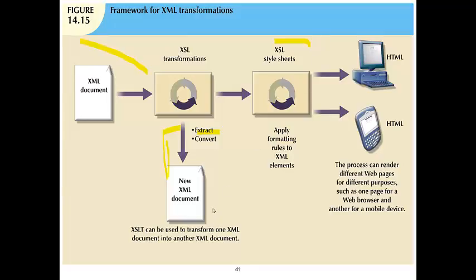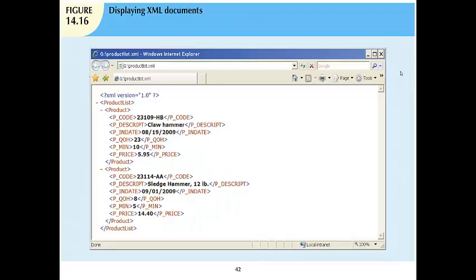The transformation provides you with the data file to then display, and it can be displayed either in HTML or on a mobile device. The idea is this whole process is separate from the actual device handling, which is handled at the next level down.